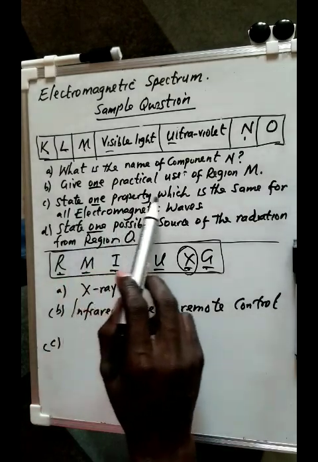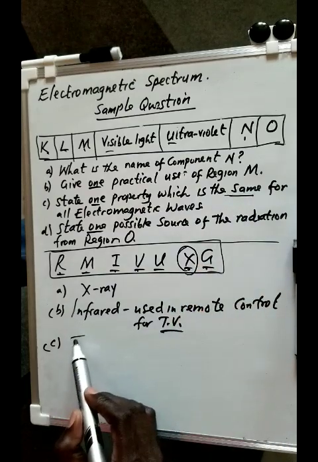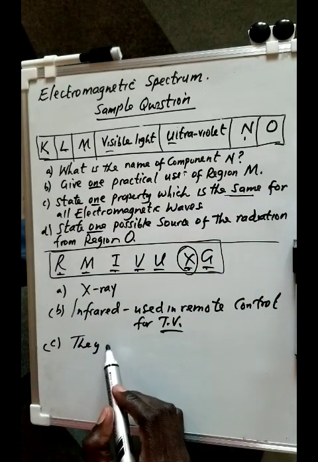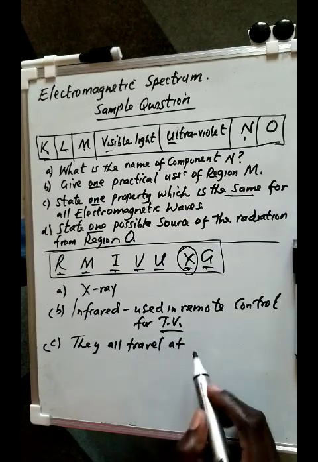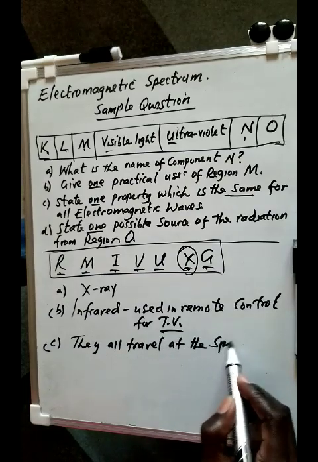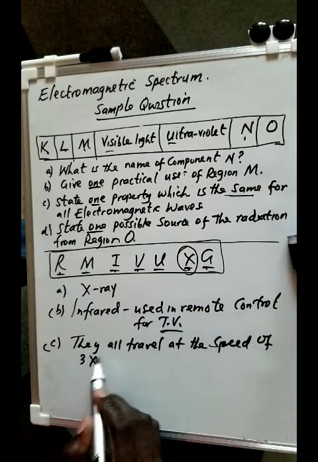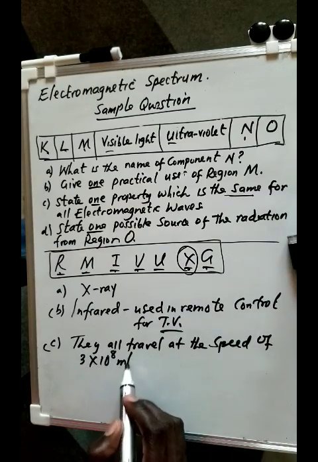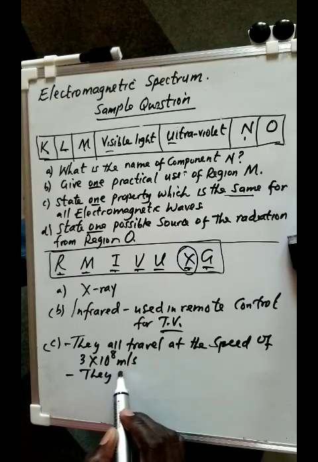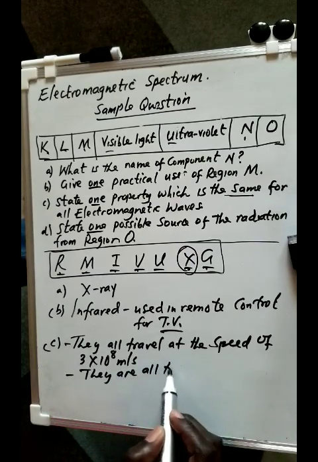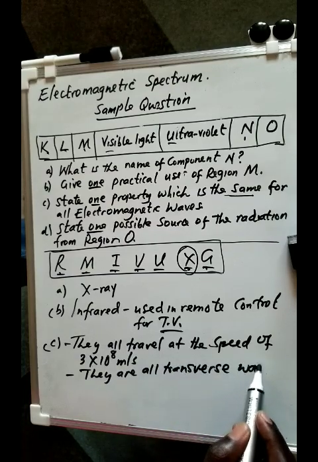Then it states, state one property which is the same for all electromagnetic waves. There are so many that you could have said. They all travel at the same speed, so we can say they all travel at a speed of 3 × 10⁸ meters per second. Another one you could have talked about is that they are all transverse waves.